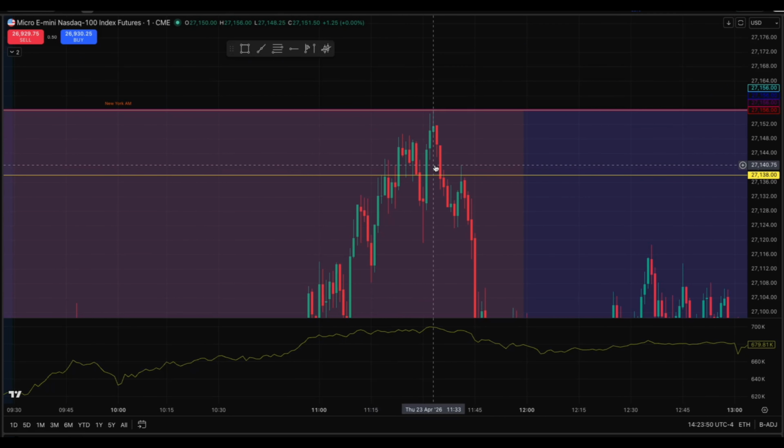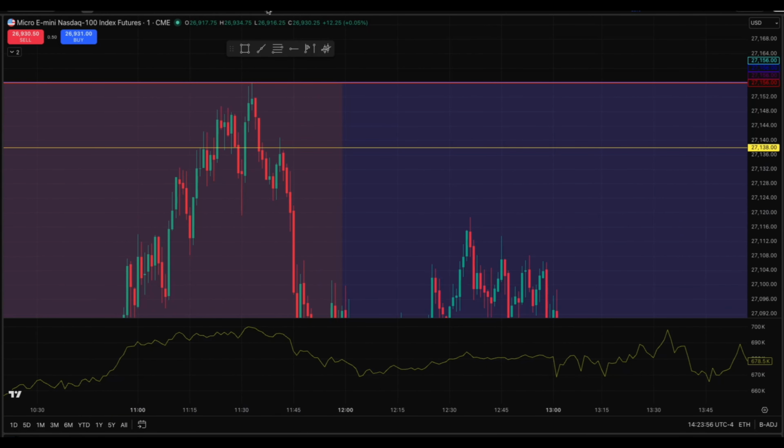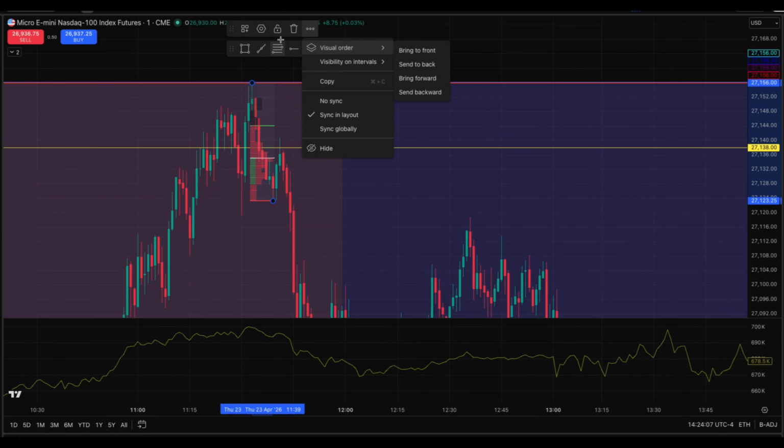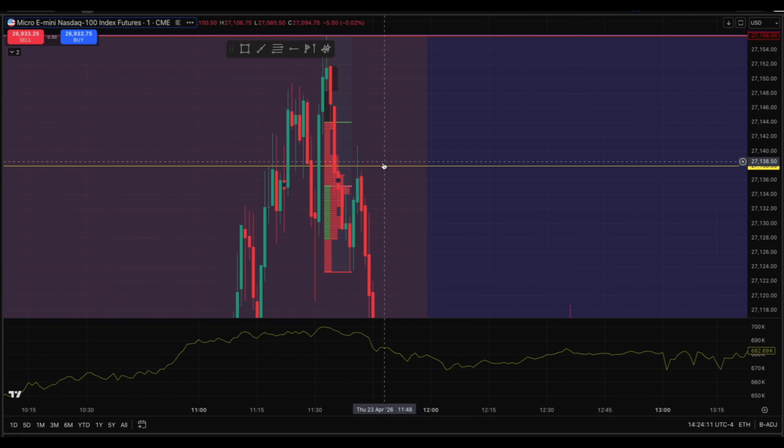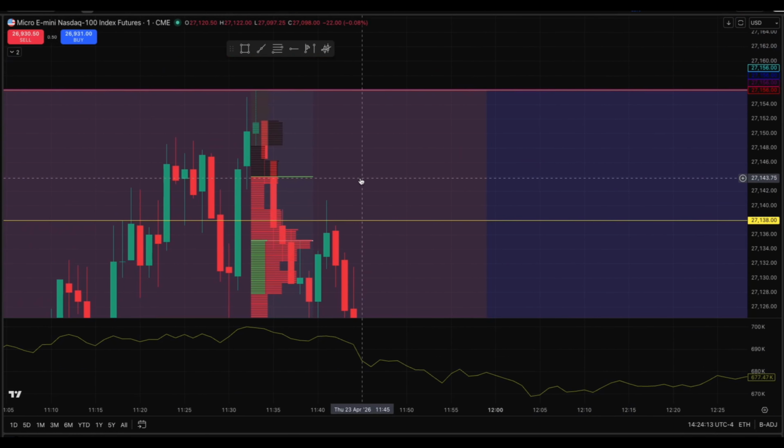Just takes a little bit of time before we make a change in state of delivery. Instantly off of that change in state of delivery, you can see it created a fair value gap over here. You draw the volume profile for confirmation. Just lock that in real quick. And this is the trade that we missed.